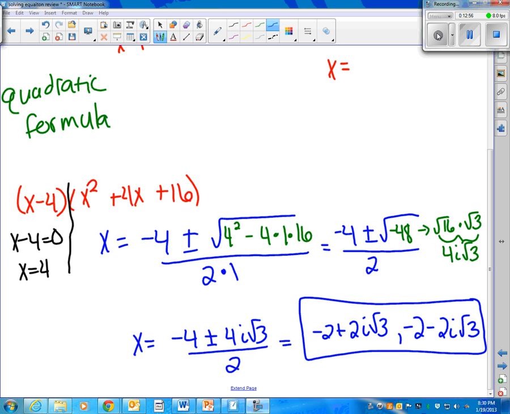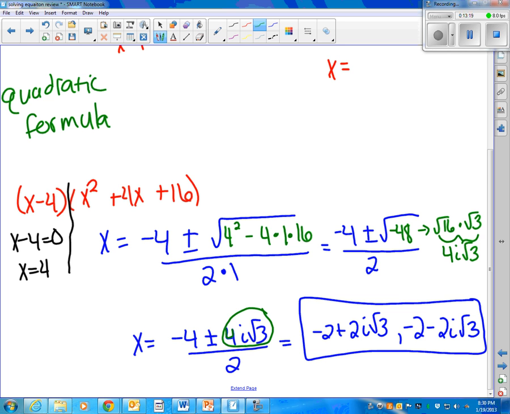All right, in the quadratic formula, I've got it set up here. The green part, I typed in the calculator and got negative 48. Factor the 48 into 16 times 3. Square root of 16 is 4. That's where I get the 4i square root of 3 right here.